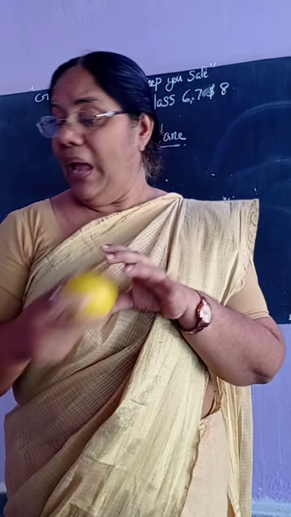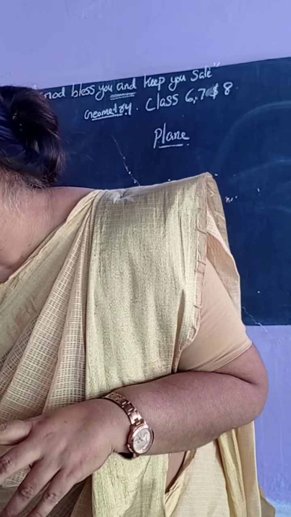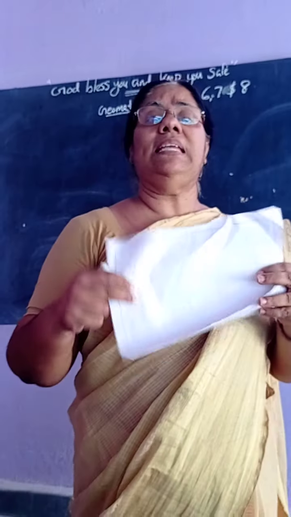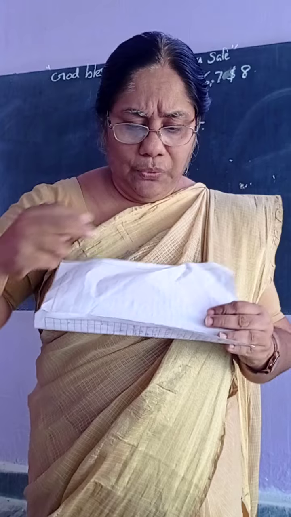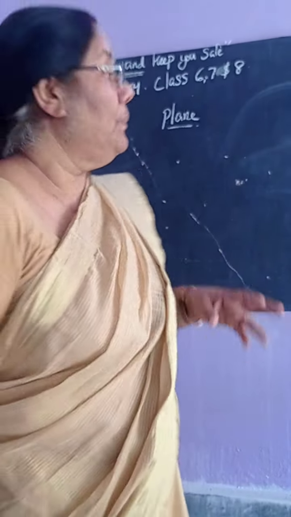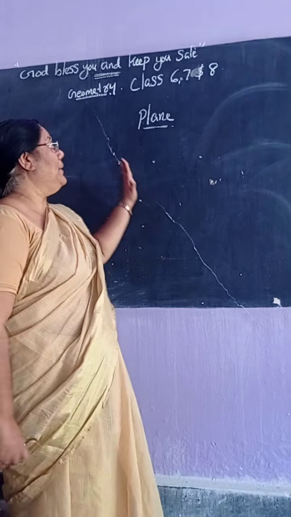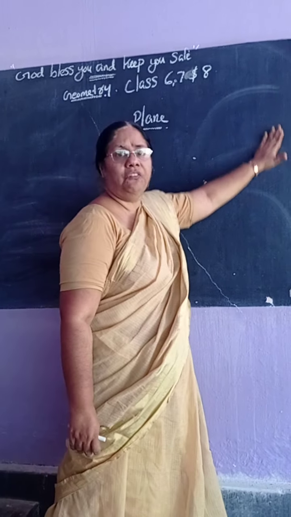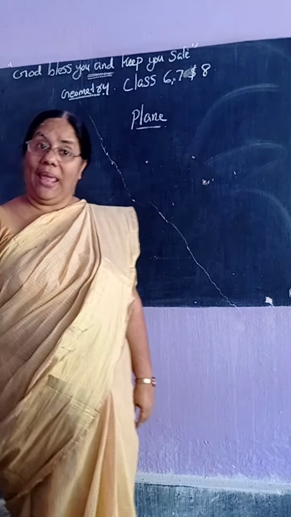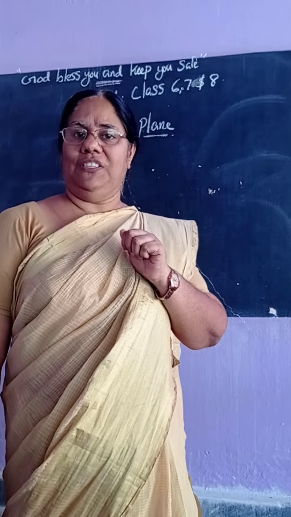Understand? And if you take a sheet of paper, you know that the surface is a flat surface. Or look here, this is a blackboard, and you know that this surface is also a plane. Understand the meaning of plane? That is a flat surface.